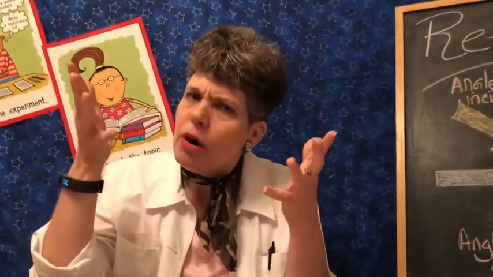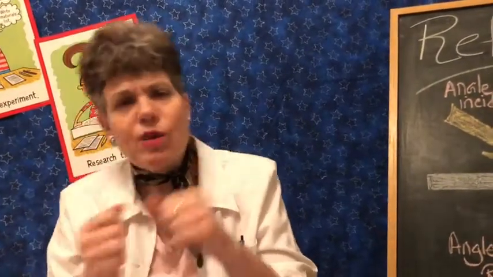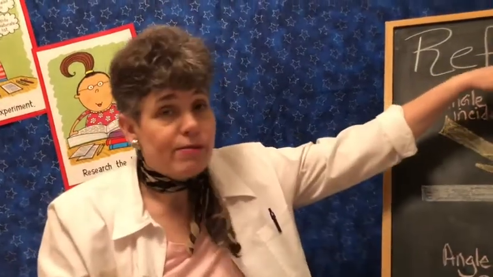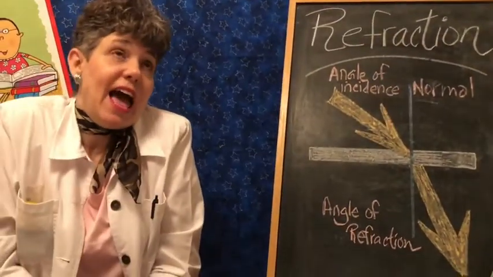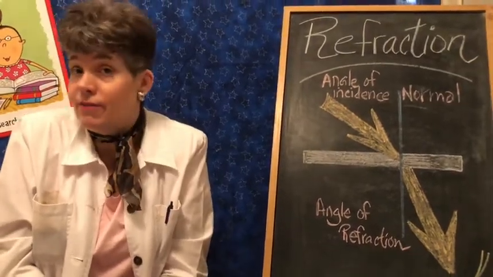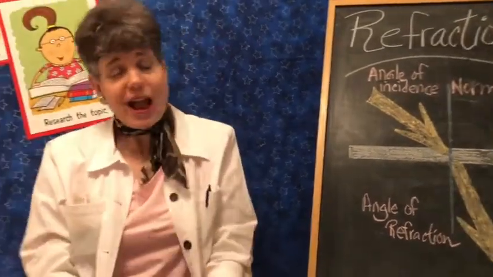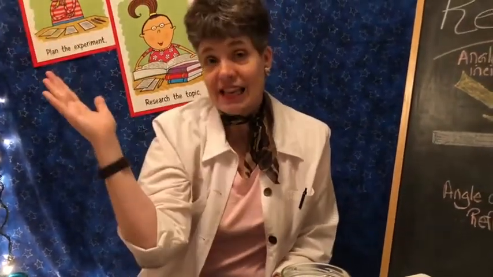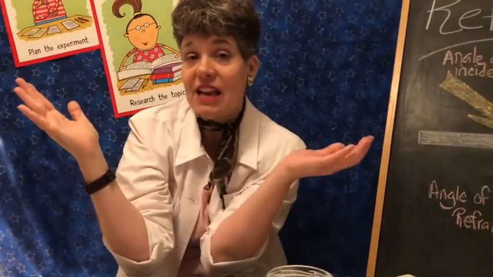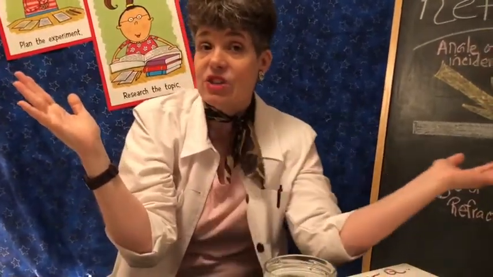So before we go today, just to help remember the difference between reflection and refraction, remember that refraction means to bend. Just like I had my little dance of reflection, I have a refraction dance as well. Our right hand is going to be the angle of incidence, and the left hand is going to be the angle of refraction.